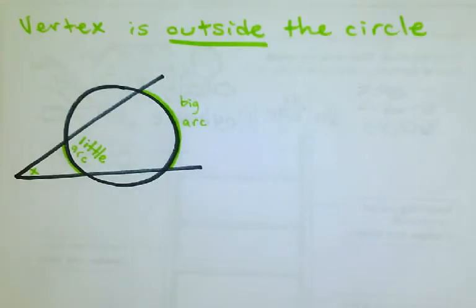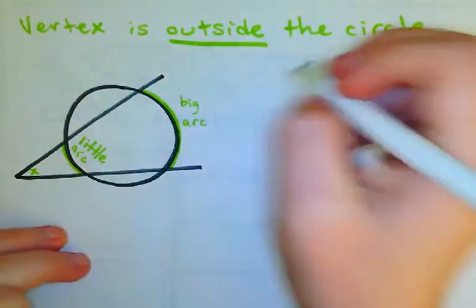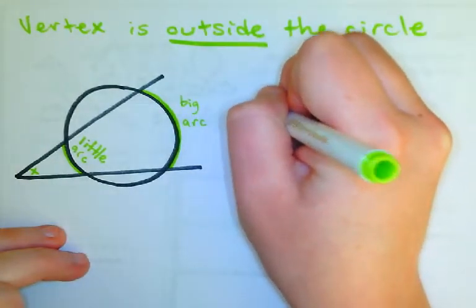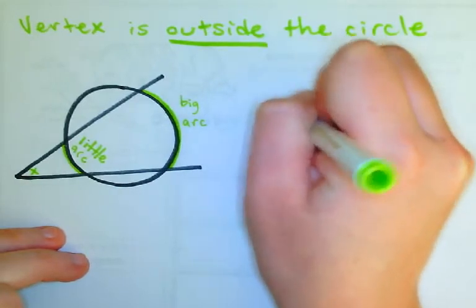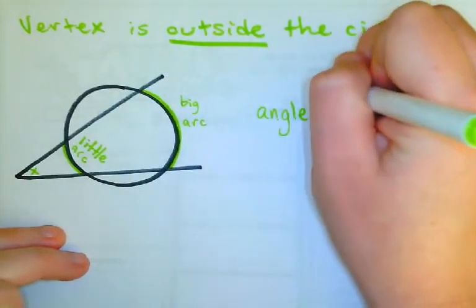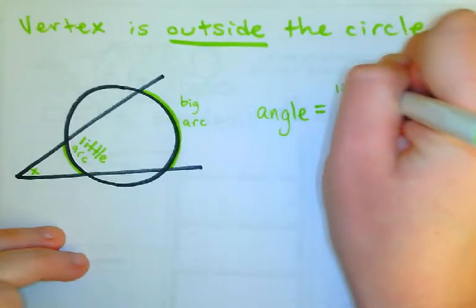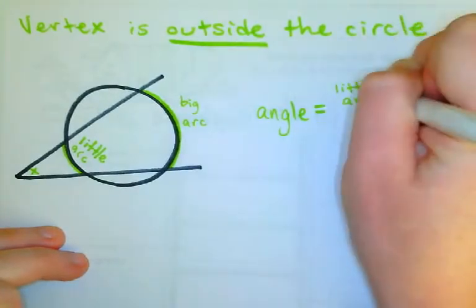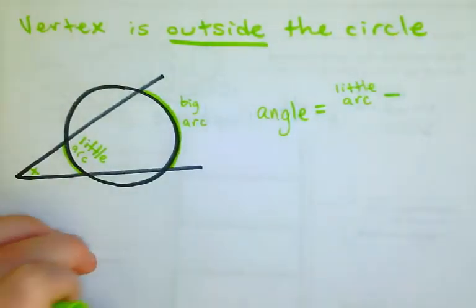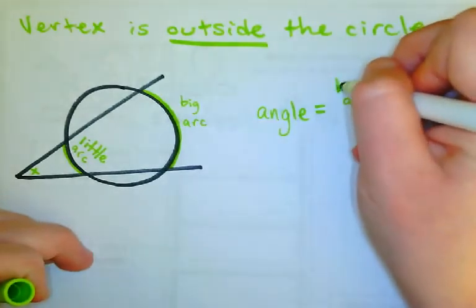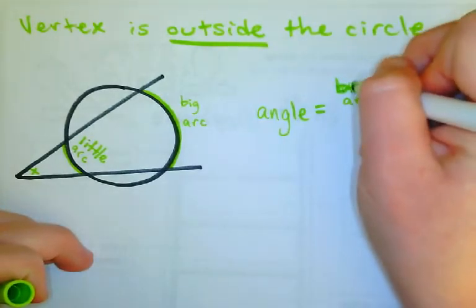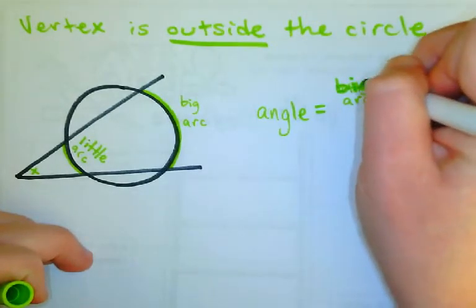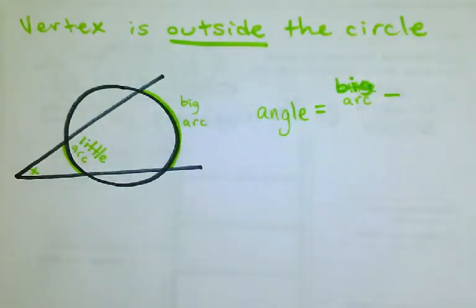Alright, your relationship here is the exact same formula we used before, only now we're going to be subtracting. So your angle is equal to your big arc, it's always your big number first, because then we're going to be subtracting the little arc.